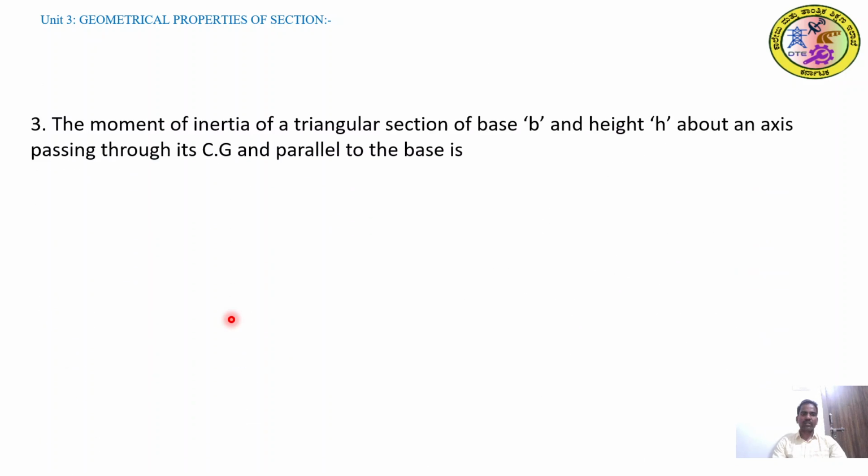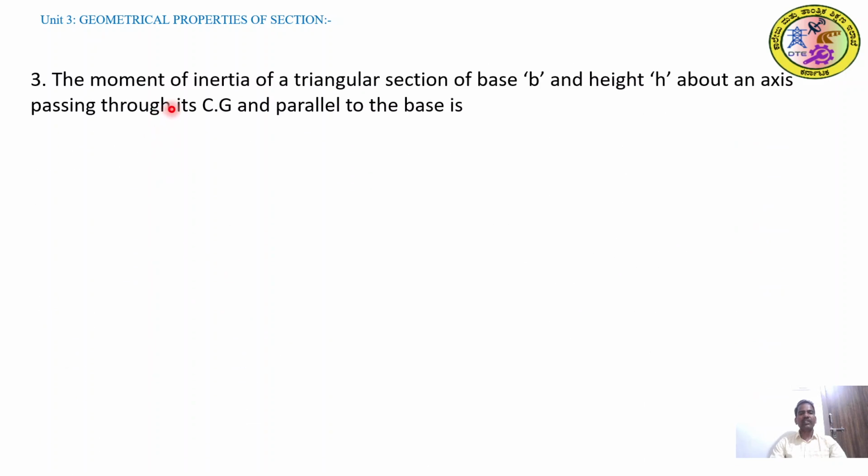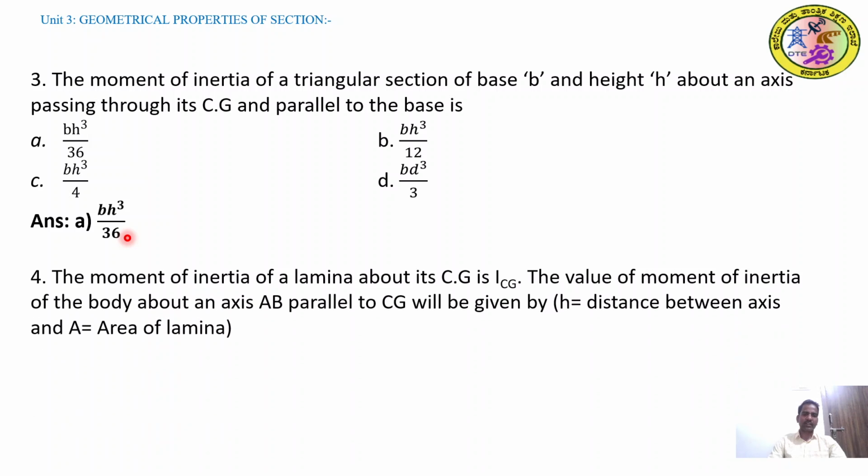Please go through that. The moment of inertia of a triangular section of base B and height h about an axis passing through the CG and parallel to the base is, as is very clear, BH cubed by 36. That is the moment of inertia for the triangular section with base B and height h.